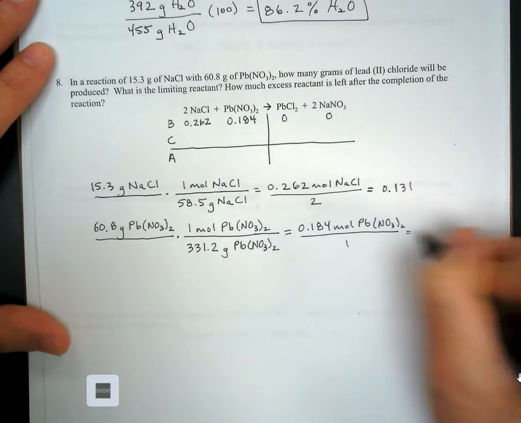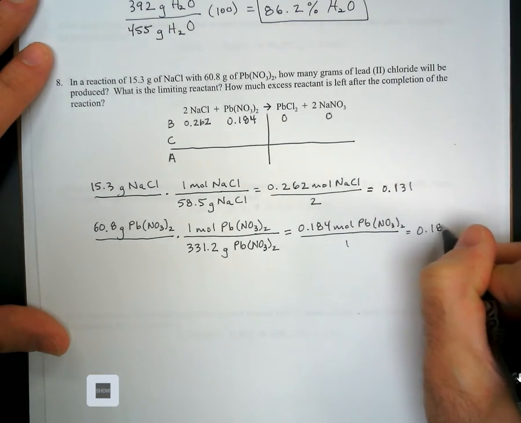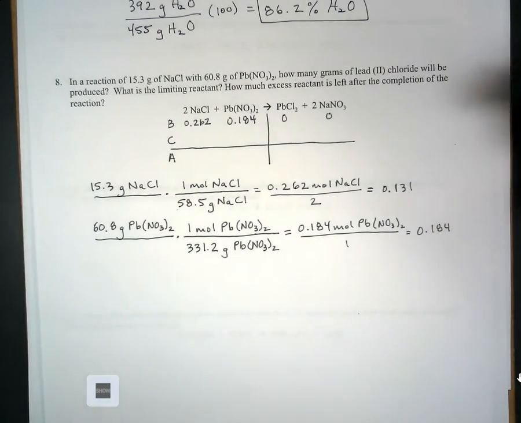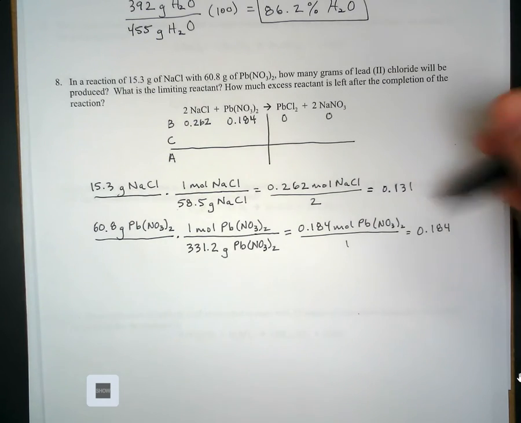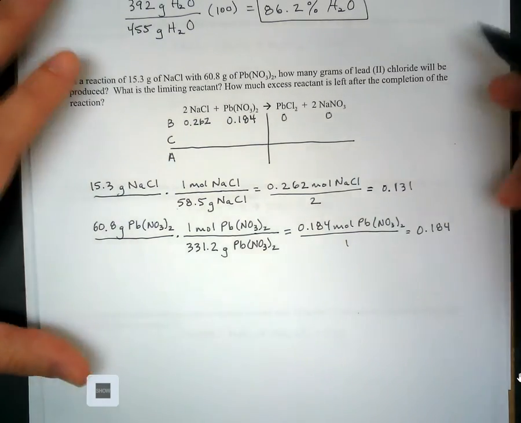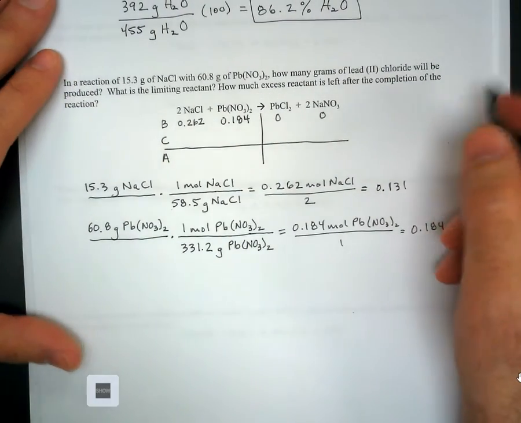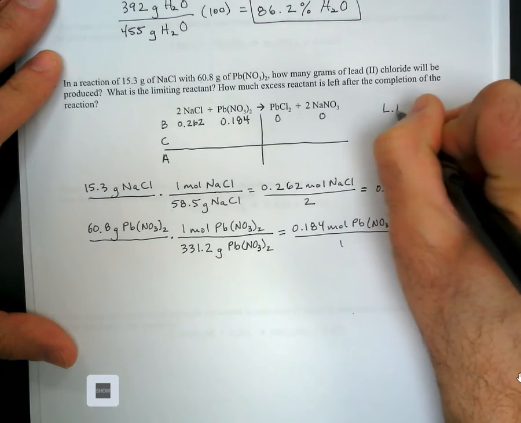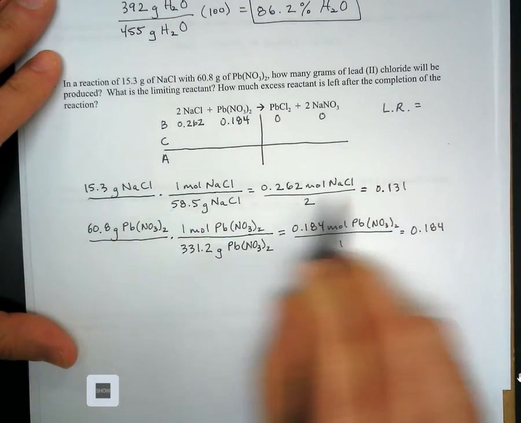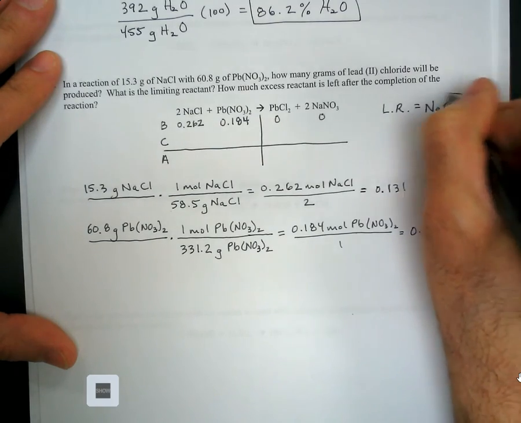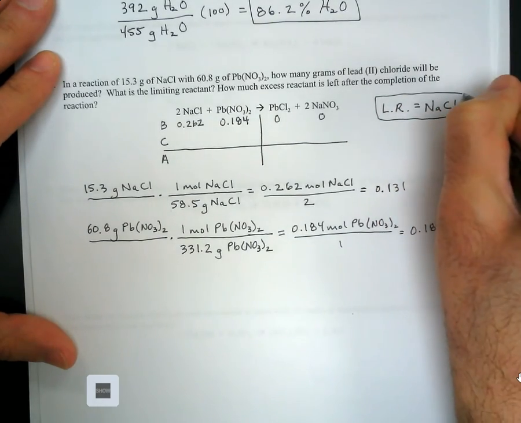And this is going to be the same, 0.184. Now, after you divide it by the coefficient, you compare whatever the smallest one is, whether you have 2, 3, however many, the smallest one tells you what the limiting reactant is. So I'm going to put it up here. Our limiting reactant is this one, NaCl.